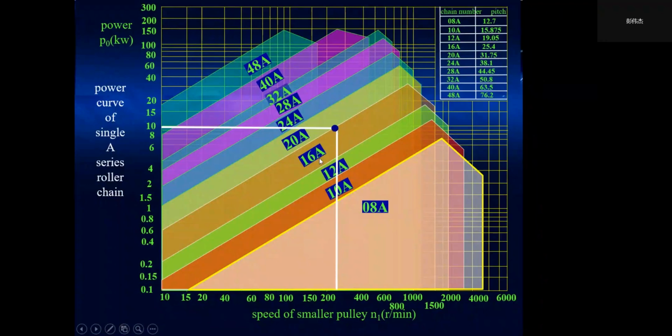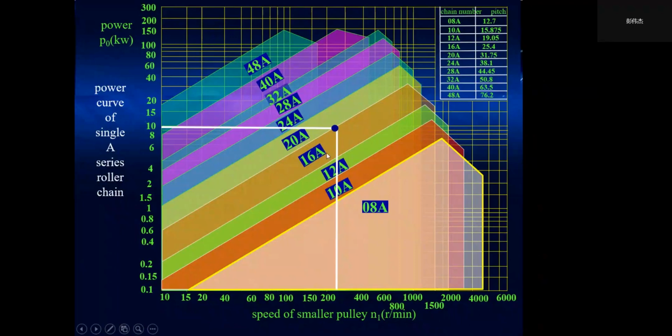You can choose the 16A series or the 28A series for the chain.